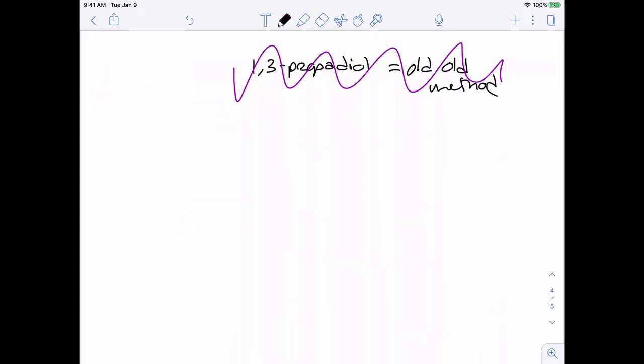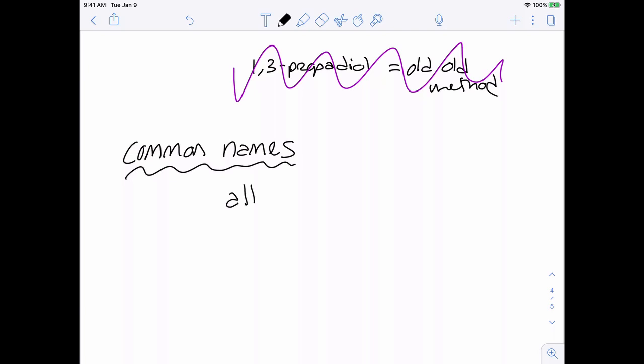There are some common names that are still somewhat common. I don't want you to name it like this on tests or quizzes. We are going to name them using IUPAC, but these are out there. You will see them, so I do want you to be aware of it. Our common names were named as alkyl alcohols.